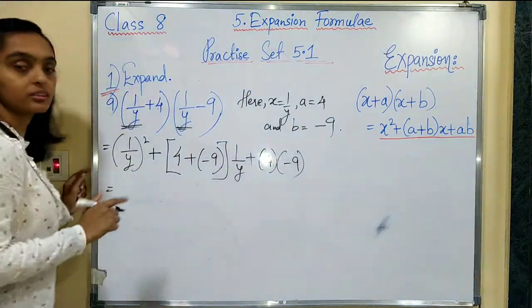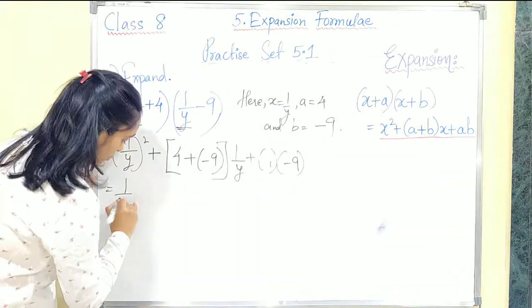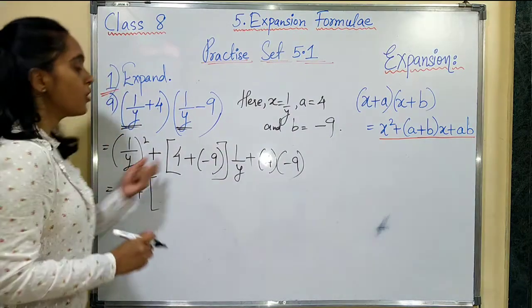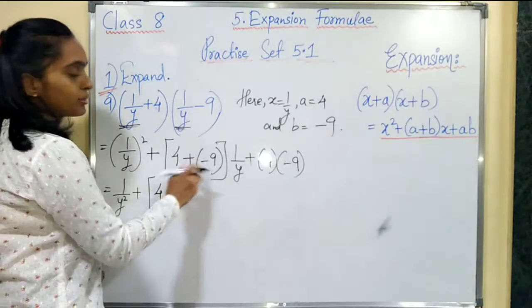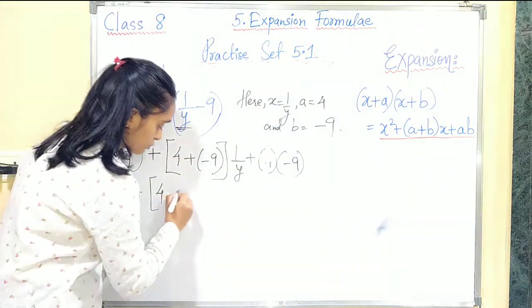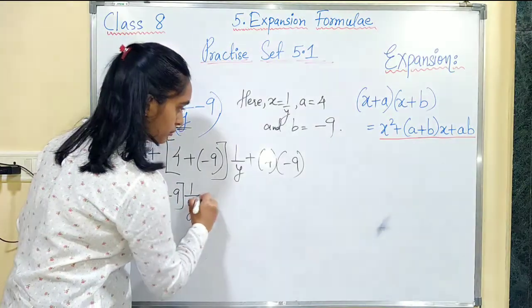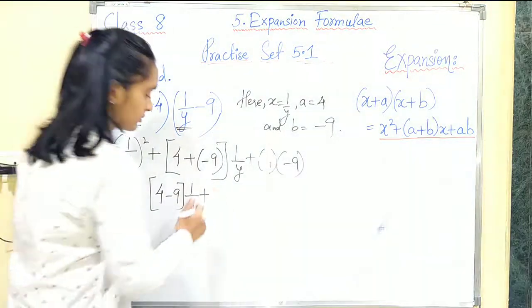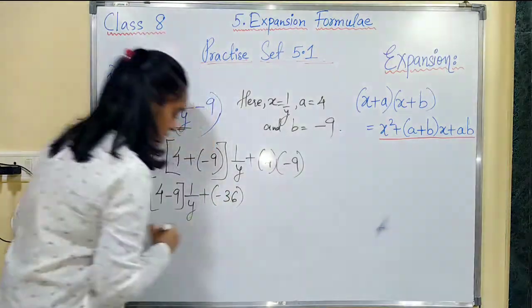So you get, after simplifying it, (1 upon y) the whole square, it will be 1 upon y square, plus inside this bracket 4 plus and minus 9. So it will be 4 plus minus is minus, so minus 9 times 1 upon y, plus 4 multiplied by 9 is 36 and sign of negative number, so minus 36.